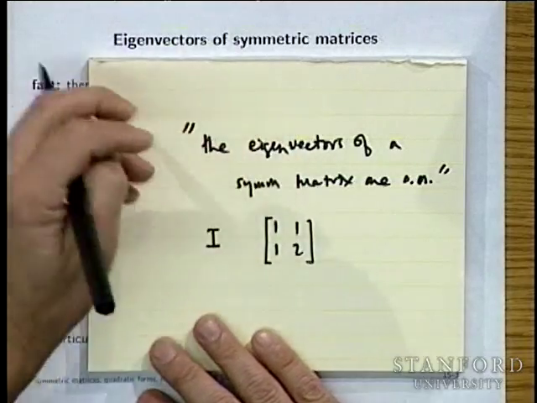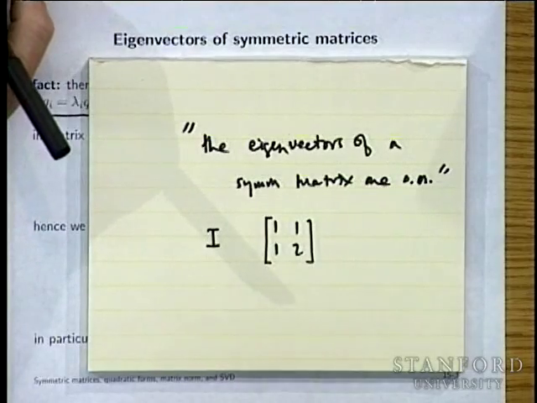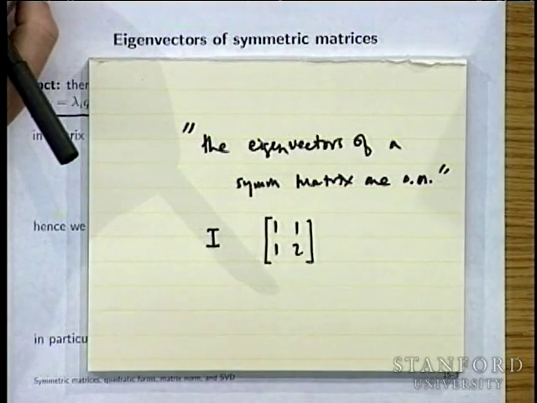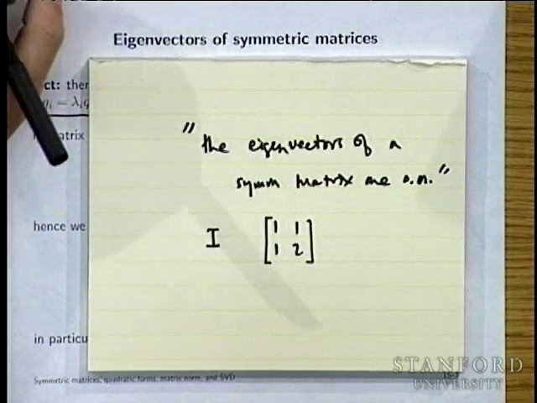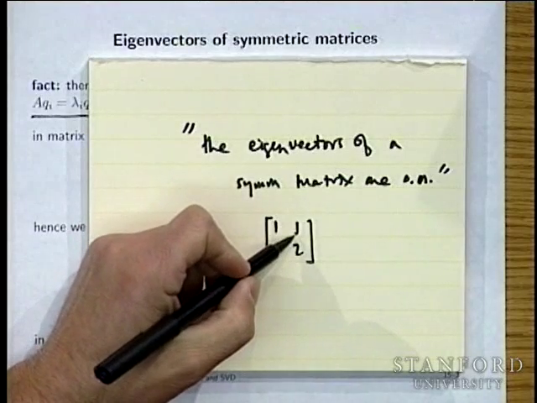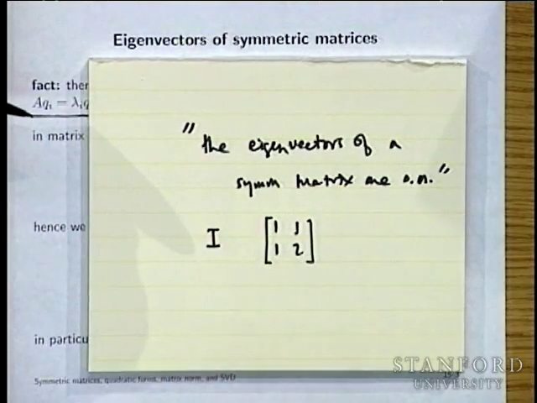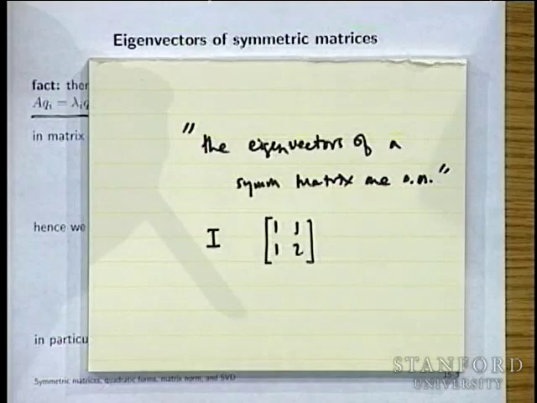There, that's my choice of eigenvectors. That's v1 and that's v2. It is now false that these eigenvectors are normalized. They don't have norm 1. That has norm square root 2. That has norm square root 5. So that's false. They're not normalized, and they're most certainly not orthogonal by any means.